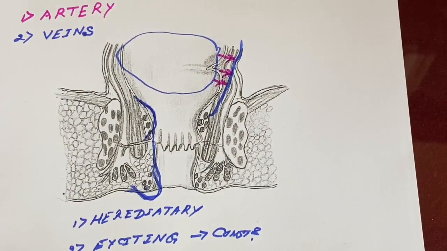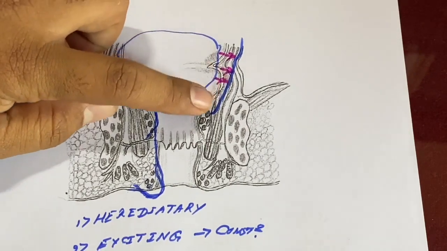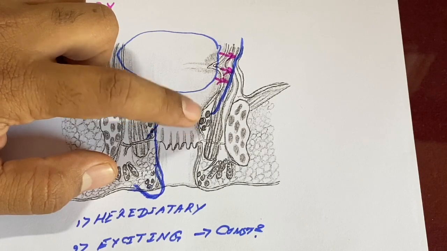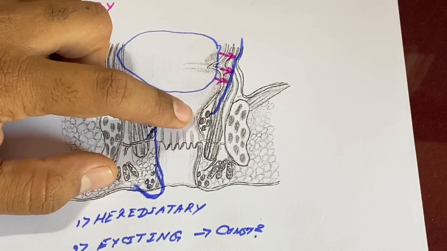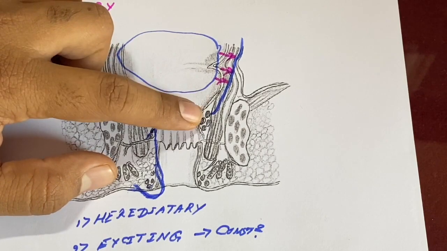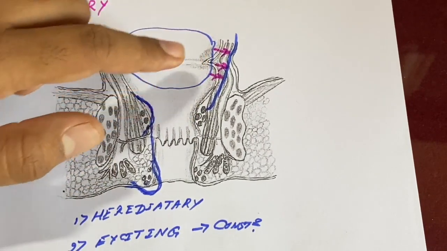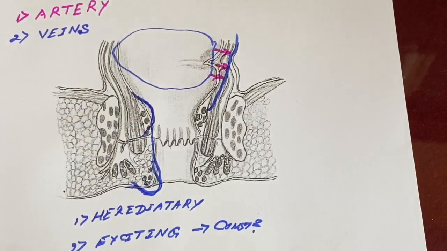This pressure will cause a dilatation because of the back pressure developed. This dilatation or engorgement is called hemorrhoids. So this is how constipation also becomes a cause for the development of hemorrhoids.